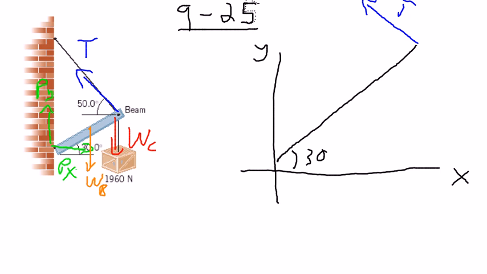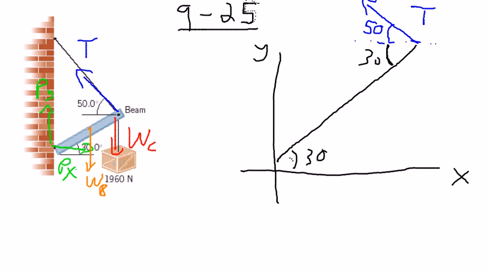We can observe that the angle between the tension and the beam, if we make a dashed line here, is 50 degrees, and this angle down here, by geometry, is the same as our angle here, so it's also 30 degrees. So the total angle there is an 80-degree angle. So that's our tension force.